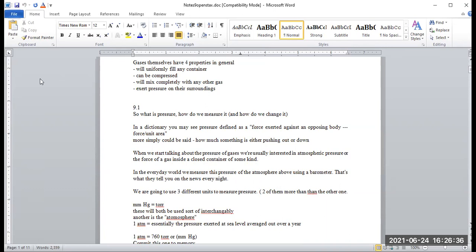So if you take your hand and push it down on the tabletop, you are exerting pressure, the unit area being the contact space between your hand and the table. So pushing out, pushing down, pushing up also qualifies, especially when we're talking about gases, because they are usually in a closed container when we are measuring them as far as chemistry is concerned.